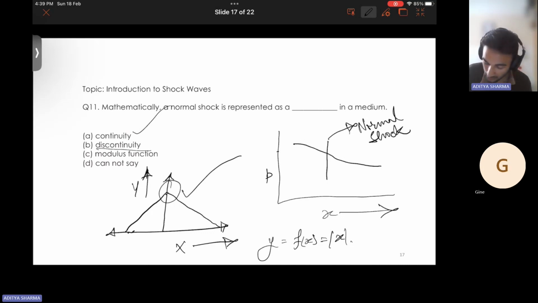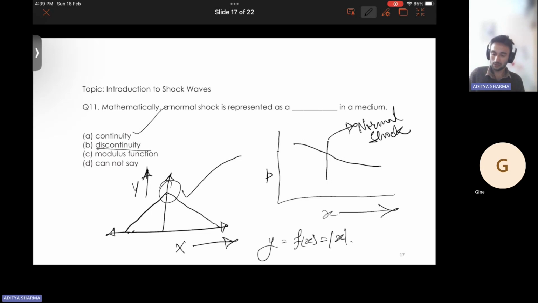But then at this point, though the function is continuous, the graph is not smooth. All right, so in that case we cannot differentiate this function at this point.